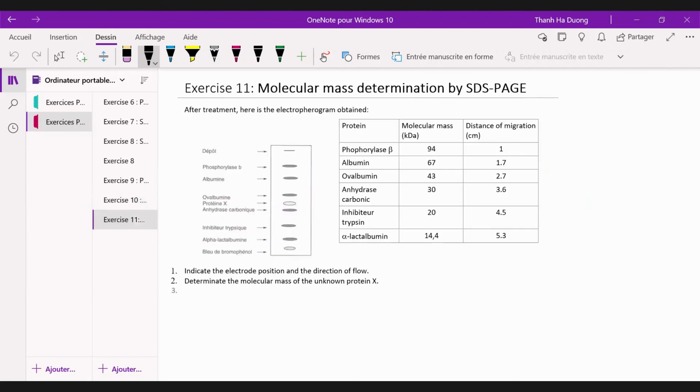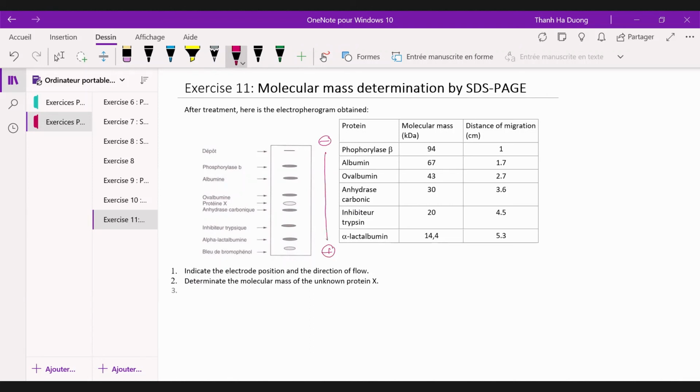And this is the same in the last exercise. We determine the molecular mass, this time by SDS-PAGE, so electrophoresis in denaturing conditions. You should know that we have the negative electrode here, positive here.